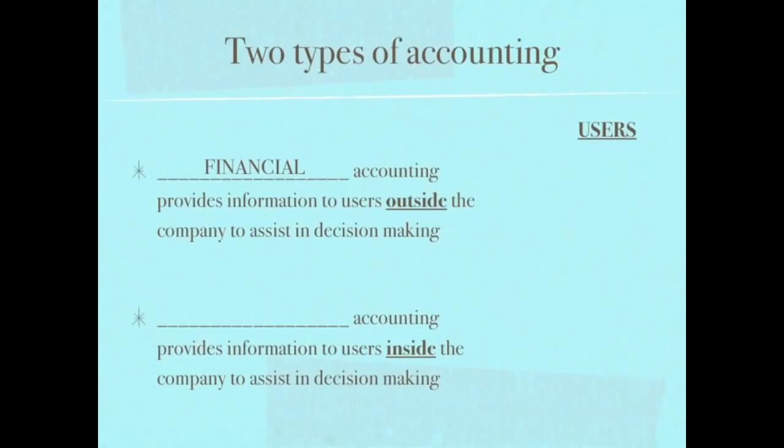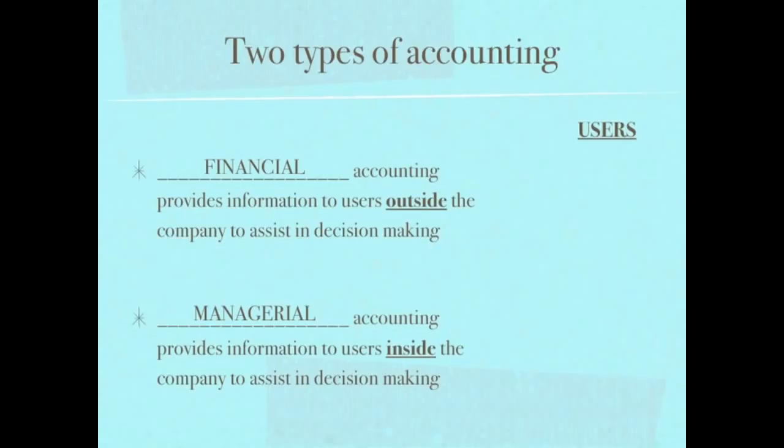For example, an investor needs to know your financial information to be able to make an informed decision as to whether they want to invest in your company or not. The second form of accounting is managerial or management accounting. This type of accounting information provides information to users inside the company to assist in decision making.